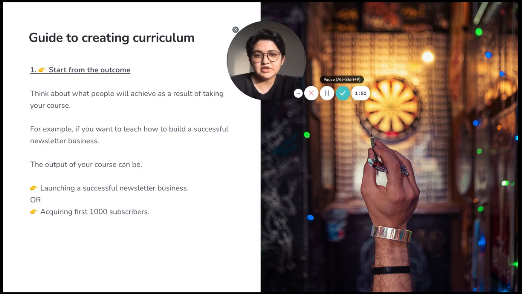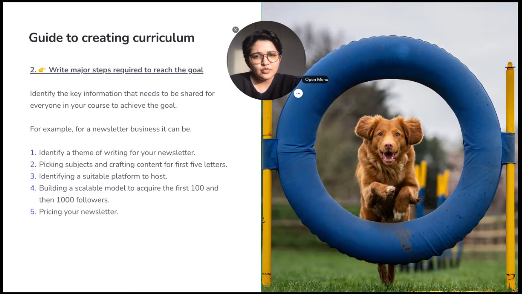What is it that people will achieve as a result of taking your course? For the case we are talking about, which is starting a newsletter, the outcome is acquiring 1,000 subscribers for your newsletter. What are the 10 steps or 5 steps or 3 steps people need to take to launch a successful newsletter and acquire the first 1,000 subscribers?